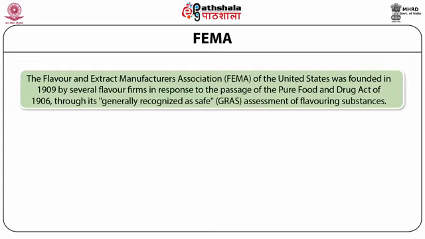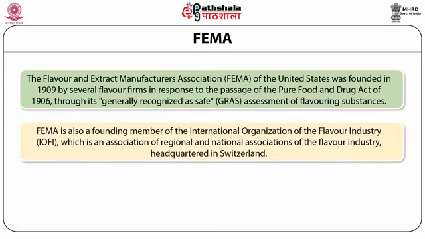It does the generally recognized as safe, that is GRAS, assessment of flavoring substances. FEMA is also a founding member of the International Organization of the Flavor Industry, that is IOFI, which is an association of regional and national associations of the flavor industry headquartered in Switzerland.